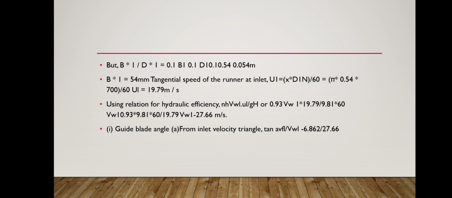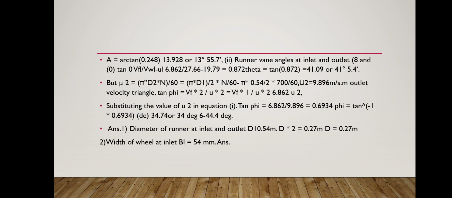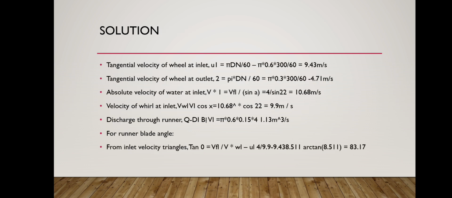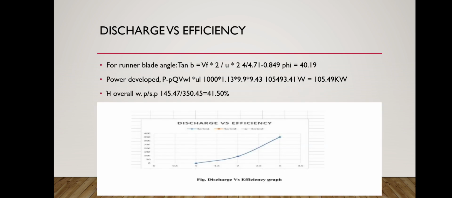So we got the guide blade angle from the inlet velocity triangle, and second we got the diameter of the runner at inlet and outlet, and the width of the wheel at inlet. Second calculations: this is the discharge versus efficiency graph.